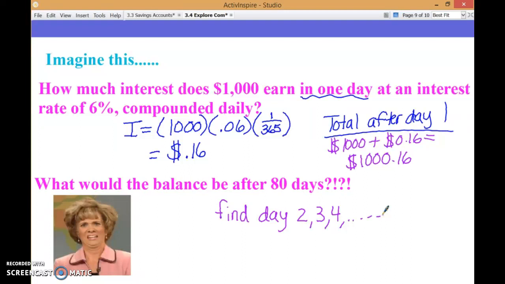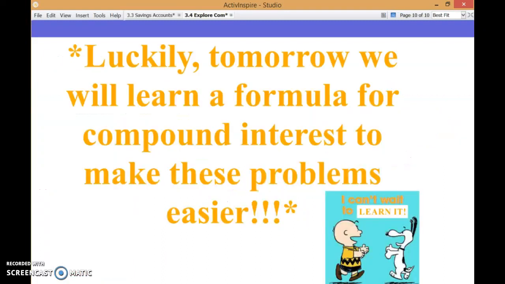So I would have a ton of these problems repeated for each of those days because my principal has to be adjusted at the end of each day. Obviously, that's not very fun, right? That would take a lot of time, which is lucky because we're going to learn tomorrow that we actually have a formula for compound interest to make these problems much easier.